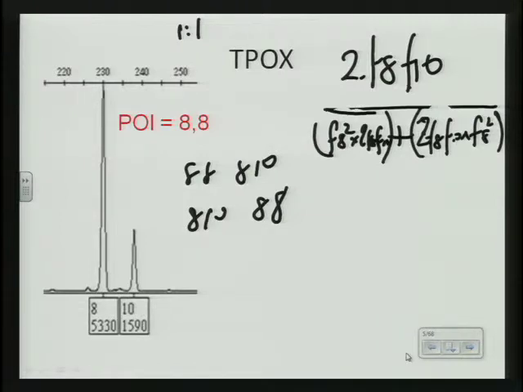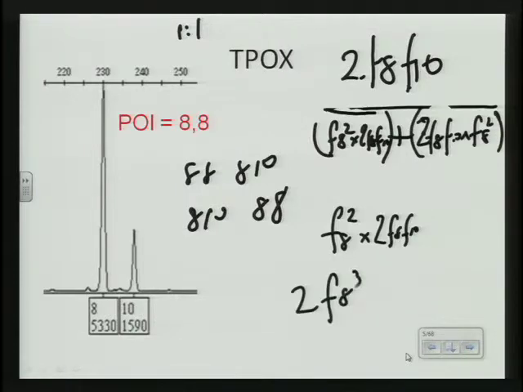Which gives me, can I do any cancelling there? Which is going to give me 2 F8 cubed F10.